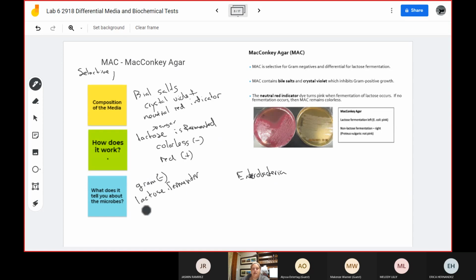Enterobacteria are gram-negative lactose fermenting rods, and these are important gut bacteria, and they cause a lot of food poisoning that you'd see. So things like E. coli and Salmonella would all be part of the enterobacteria group. So that's an important group of bacteria that you might be testing for with a MacConkey agar plate.